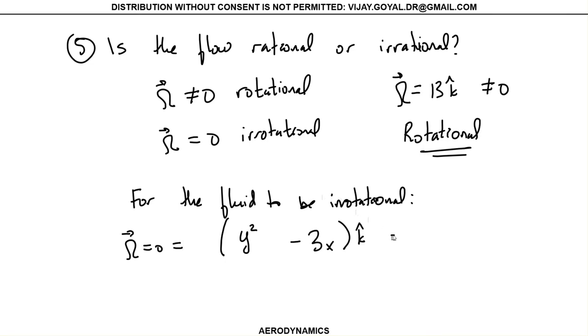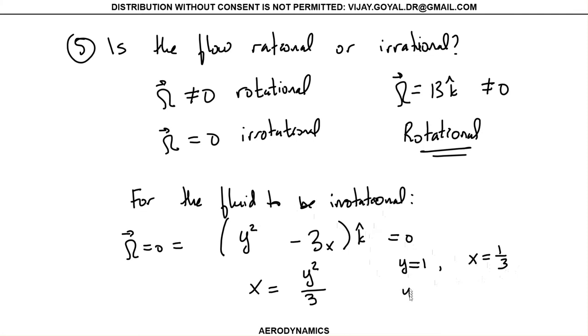So this has to be 0. The only way that can happen is if you have any combinations of x and y that meet this criteria. In other words, for example, if y was equal to 1, then in this case x would have to be 1/3. At that location, the fluid is irrotational.